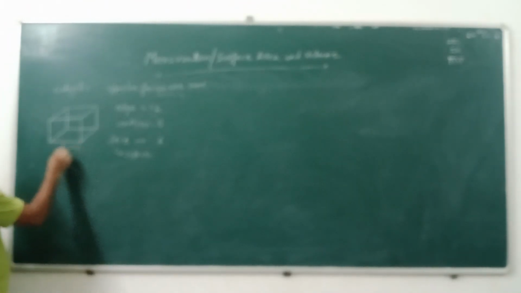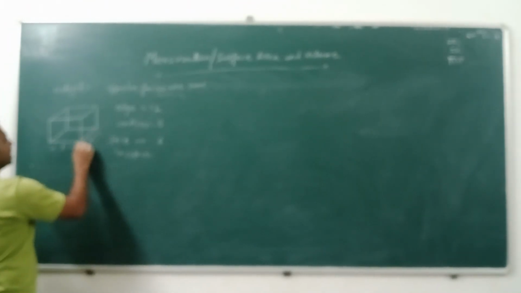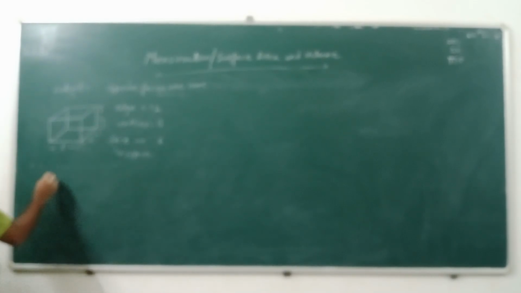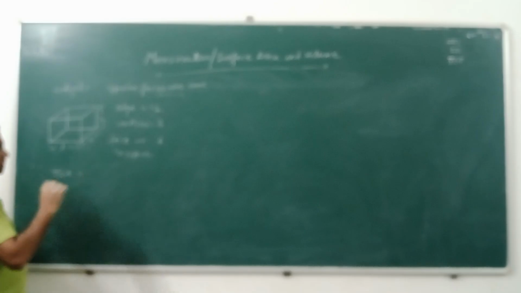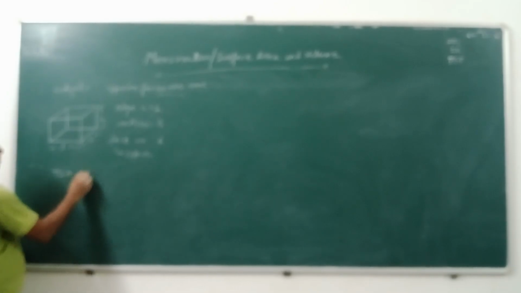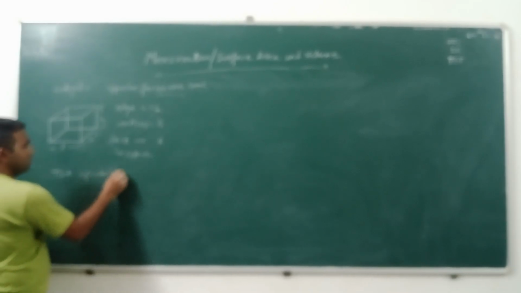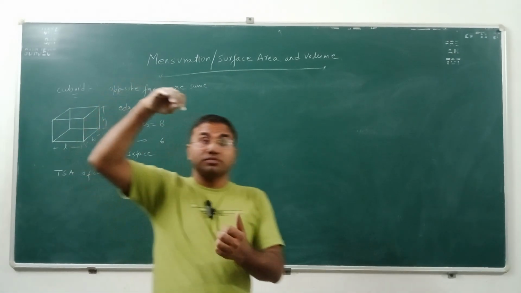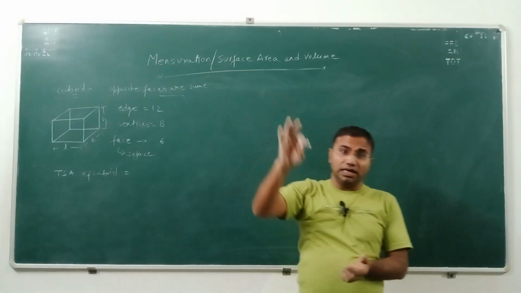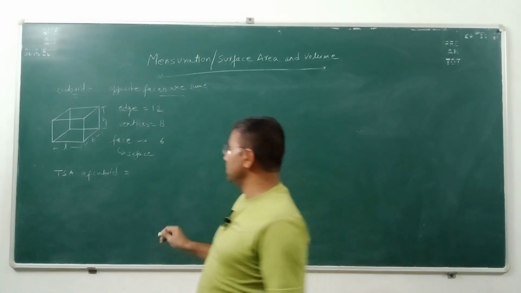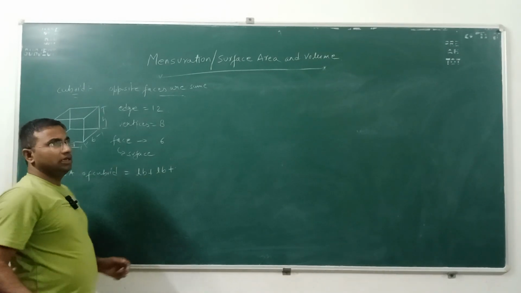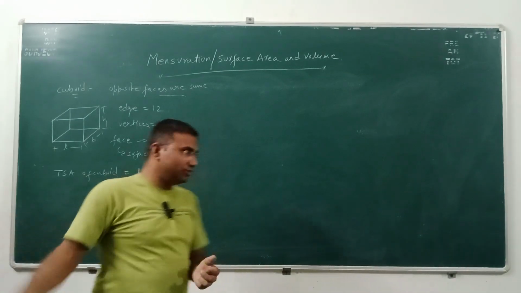Now suppose this is L, this is B and this is H. Then how will you calculate the TSA, means total surface area of cuboid? Again you can see the upside surface area and lower side surface area will be same, means LB plus LB, two areas LB, and the side will be LH.